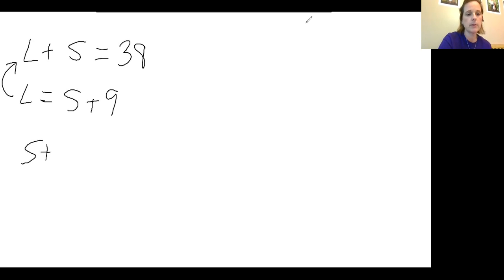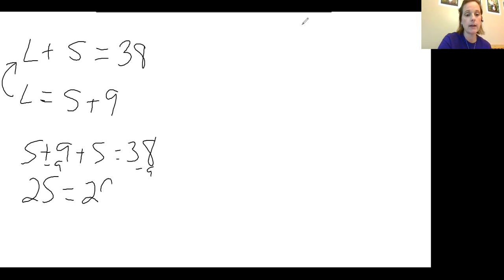So S plus 9 plus S equals 38. Now I have two S's, and I'm going to subtract 9 from both sides, and I'm going to get 29. Is that right? Yeah. Divide both sides, and I'm going to end up with S equals 14.5. Just double checking.